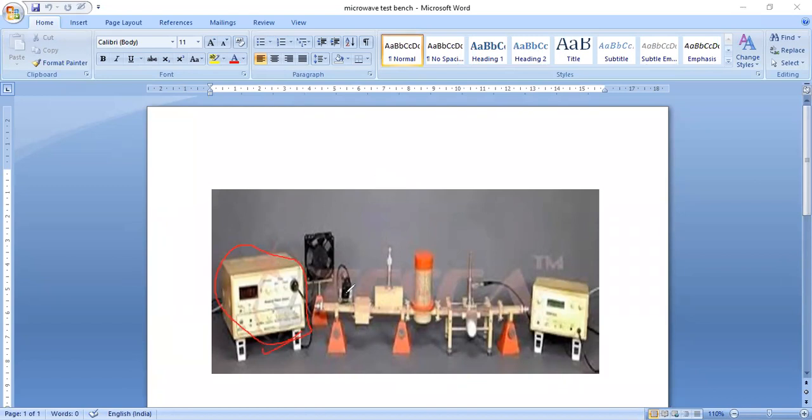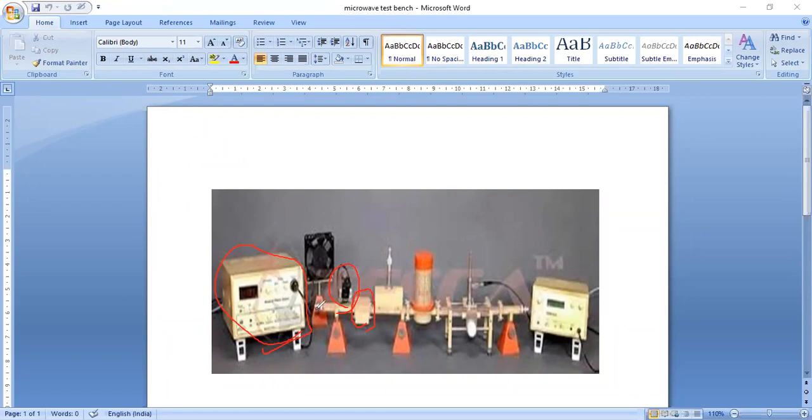And this is the reflex klystron. This black color one is a reflex klystron. It is an oscillator which gives frequency of oscillation. So a box-like structure you can observe. This is an isolator which allows the power to flow in the forward direction. It has two ports. So it allows the power to flow from port 1 to port 2.